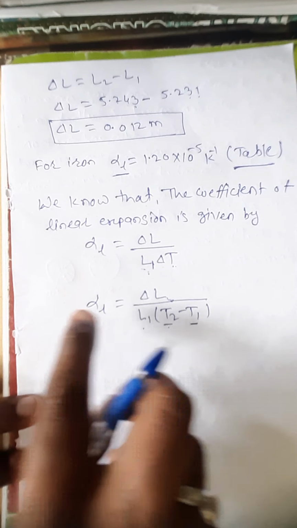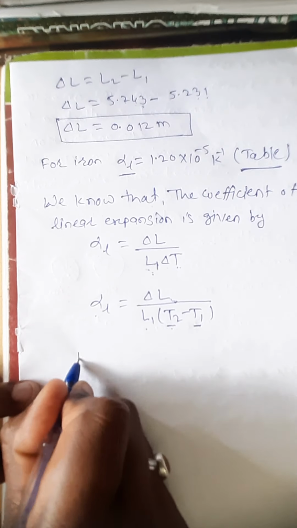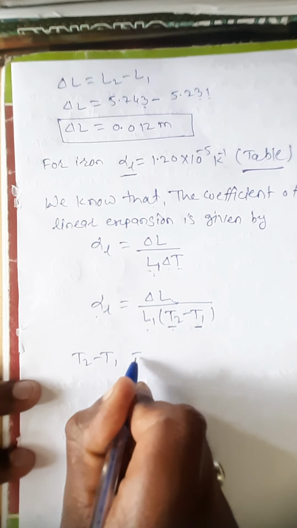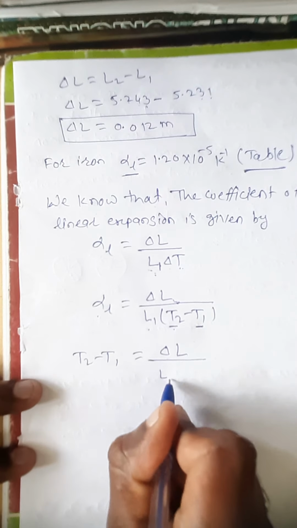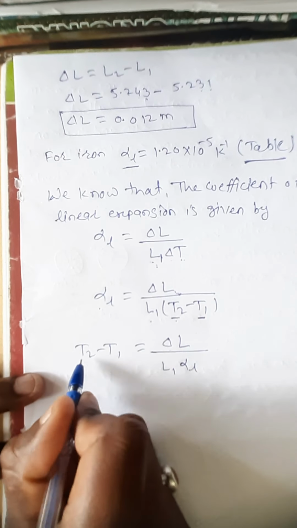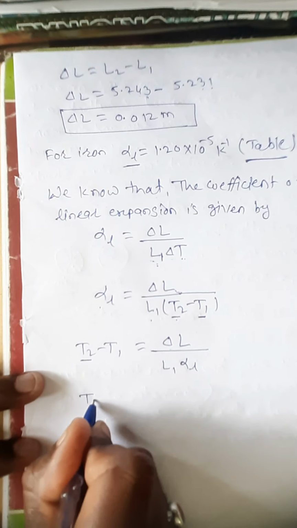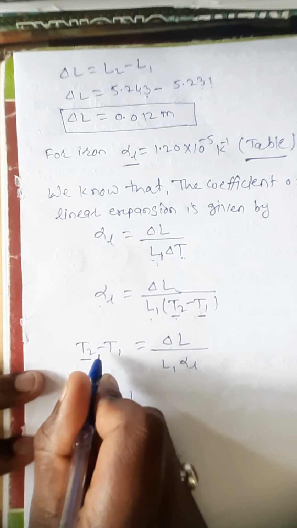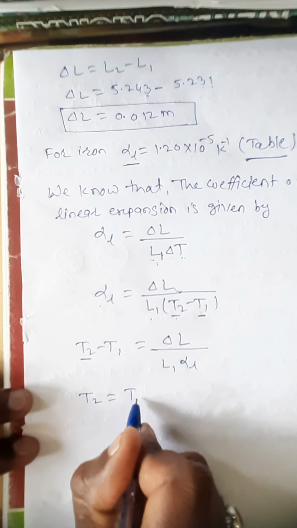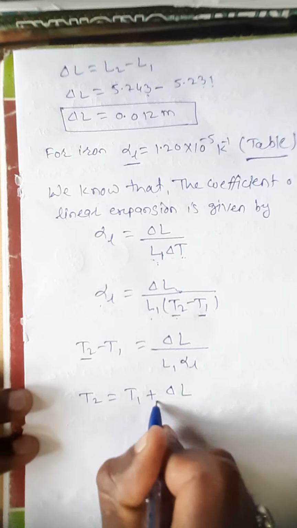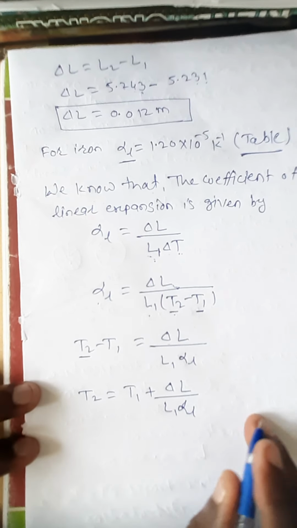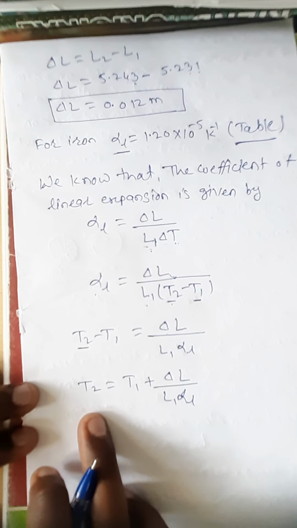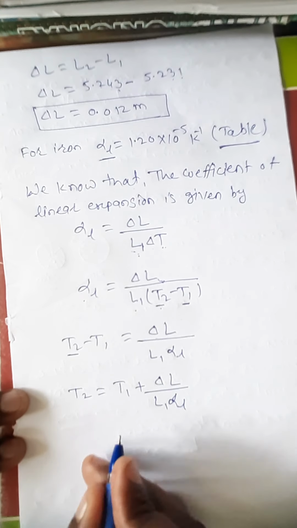For that purpose, taking cross multiplication, T2 minus T1 is equal to delta L divided by L1 into alpha L. We have to find T2. Therefore T2 is equal to, shifting T1 to the right, T1 plus delta L divided by L1 into alpha L. Putting all those values, we find the final temperature.